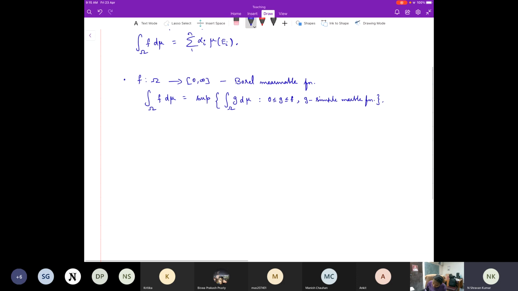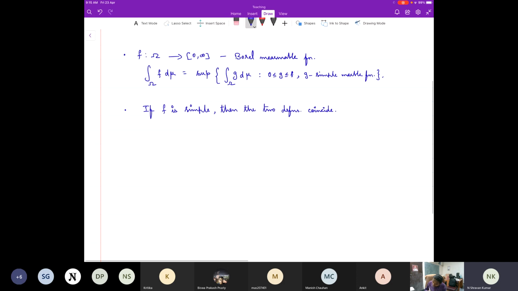A few things that we observed. First thing is that if f is simple, then the two definitions coincide. And then we were trying to prove some properties.